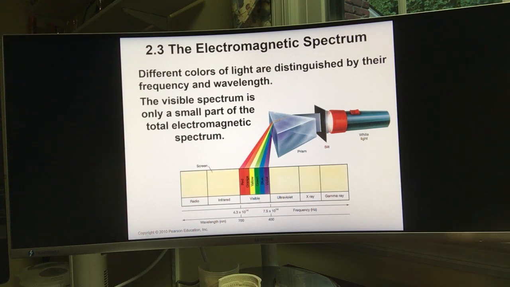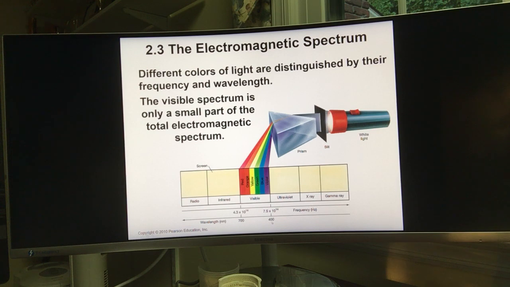As you can see here, the wavelength of the visible light goes from 400 to 700 nanometers. One nanometer is 10 to the negative 9 meters. It's a very tiny unit. I want you to pay attention and have a concept of what the wavelength is for visible light.